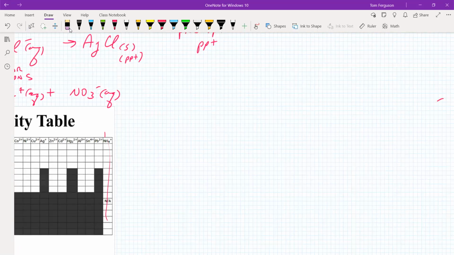And whenever you do a double replacement reaction, you'll be doing three equations, three chemical reactions. First one is called the molecular equation.